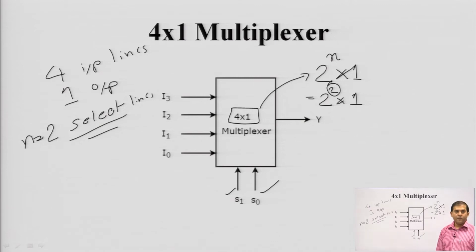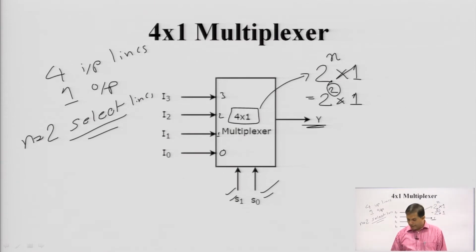Is it clear to you? And 4 input lines, 0, 1, 2 and 3, 2 select lines S1 and S0, and only one output, termed Y.